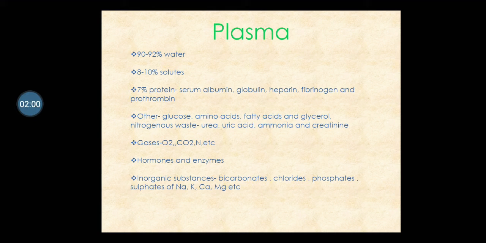It also consists of gases like O2, CO2, nitrogen, and hormones and enzymes. It also consists of inorganic substances like bicarbonates, chlorides, phosphate, sulfate, and Na sodium, potassium, calcium and magnesium.